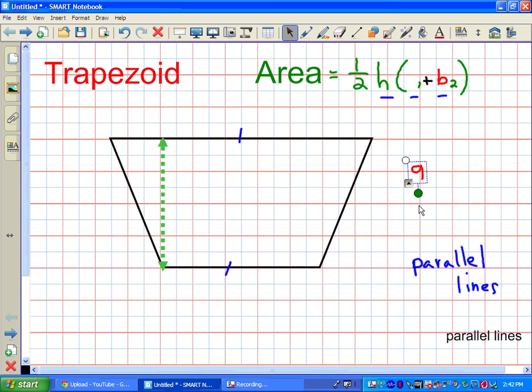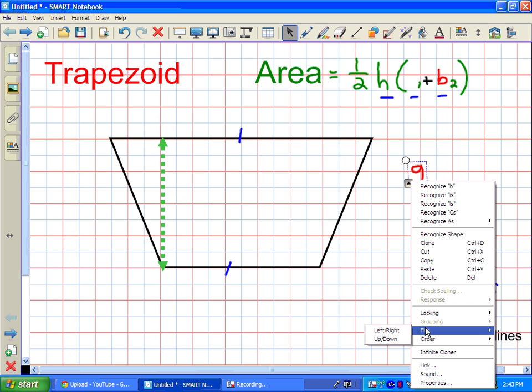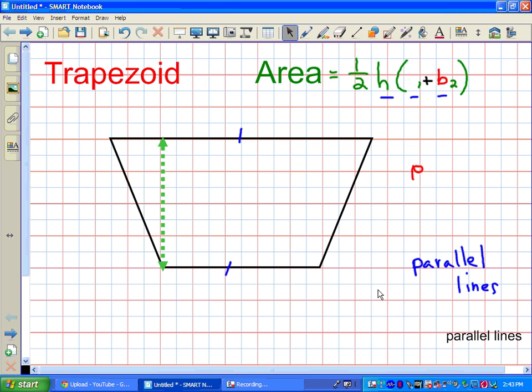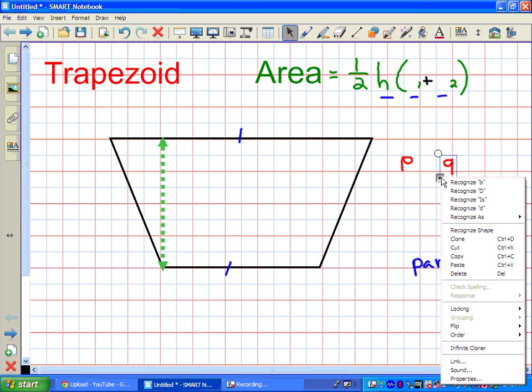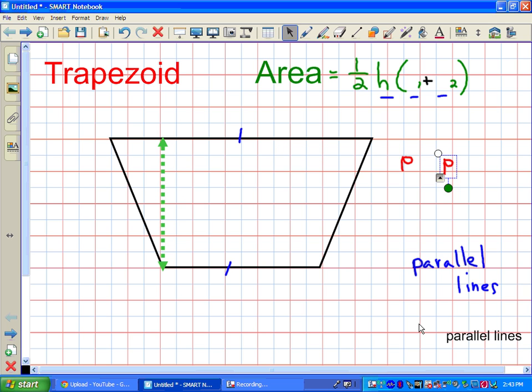I'll flip this and you're going to see it, I probably would change it to a P. Because we could consider this P1. And then this guy, the same thing. If I turned him over, okay, it looks like a Q now, but if I turned him over and flipped him, that's a P. So it would be like P1 plus P2.